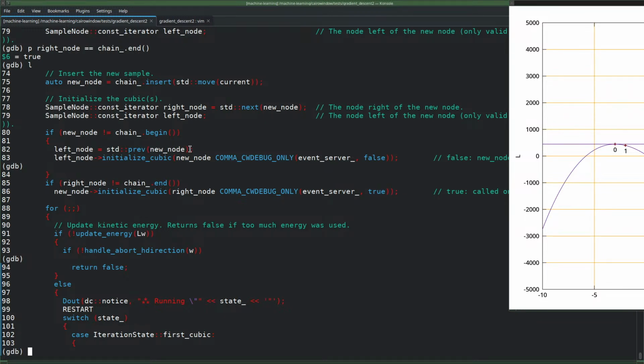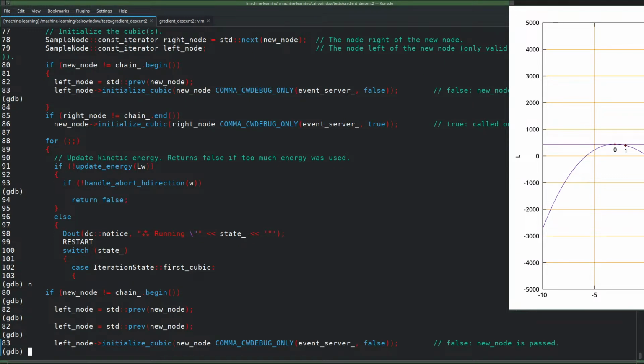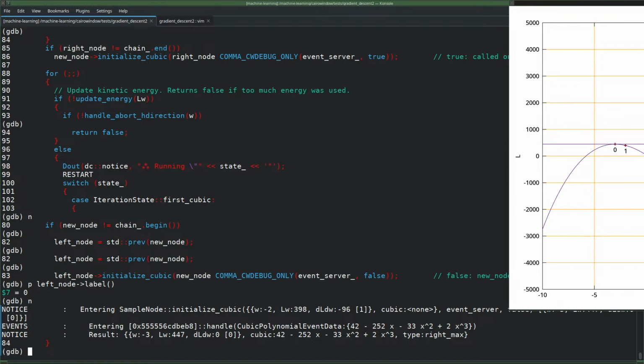Then left node is set to the previous one, so this should happen, and then we have left node pointing to 0. And then that cubic is initialized. Now that looks like the correct cubic.